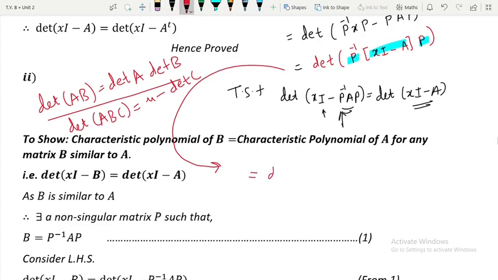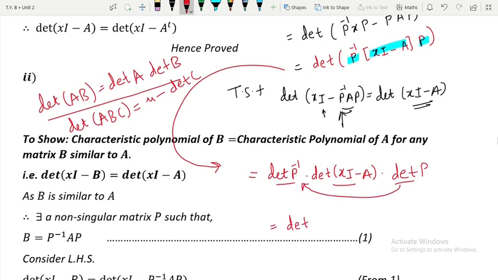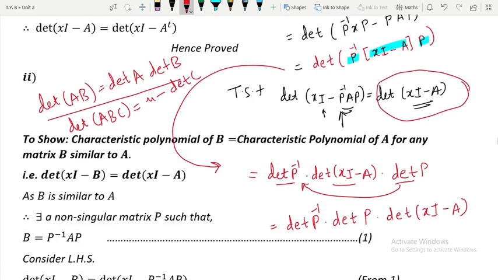So therefore we will get determinant of P inverse multiplied by determinant of xI minus A multiplied by determinant of P. Now since all are real numbers, this real number I will shift over here. So this is equal to determinant of P inverse multiplied by determinant of P multiplied by determinant of xI minus A. So we got determinant of xI minus A in the picture. So now the question is, what about this?